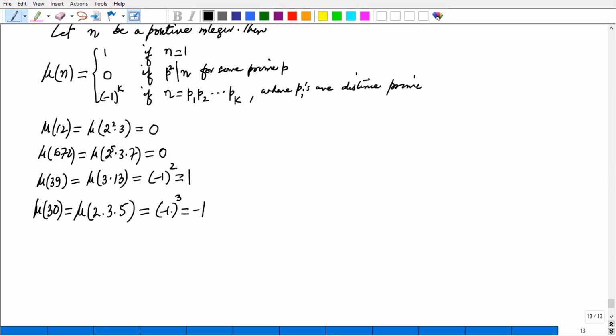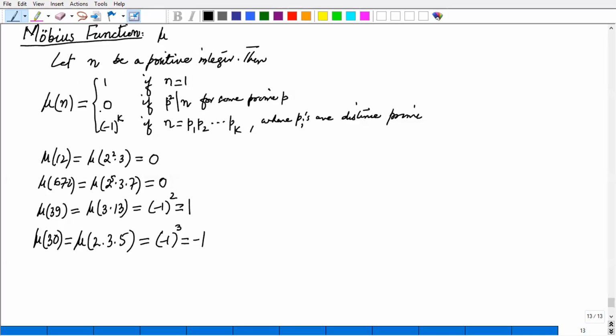So this is the way that we compute the Mobius function. The Mobius function has three types of output, or three values: 1, 0, and -1.